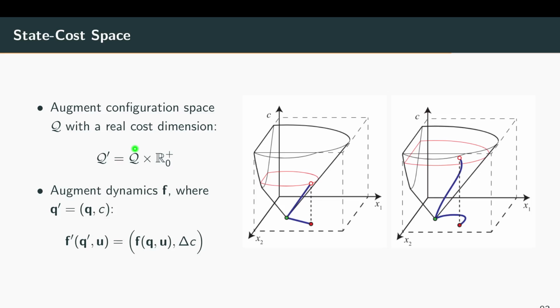So if we have, let's say, our car dynamics with x, y, and theta, which is 3-dimensional, then we make it 4-dimensional, and the fourth dimension is the cost. At state 0, the cost would be 0. And then every time we expand, we also propagate the cost forward and add the cost of whatever action we picked, for example.